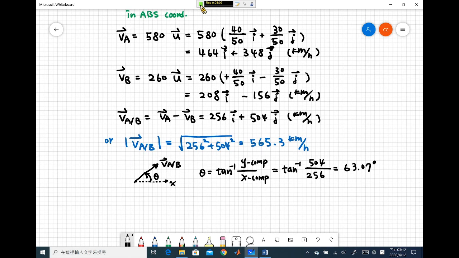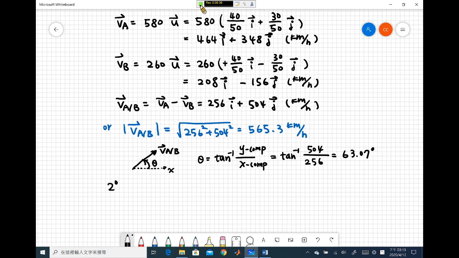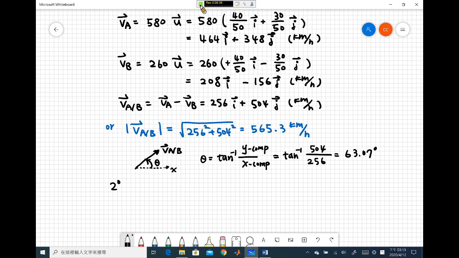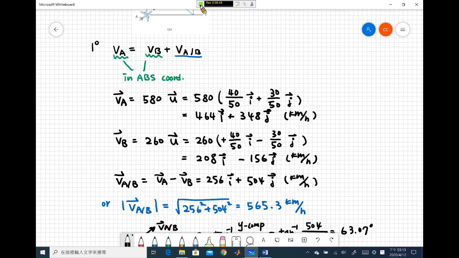Then second, we want to know the position vector of A relative to B as a function of time. Because the problem statement says these two airplanes are flying with constant velocity along that vector. So now let's go back to this equation.